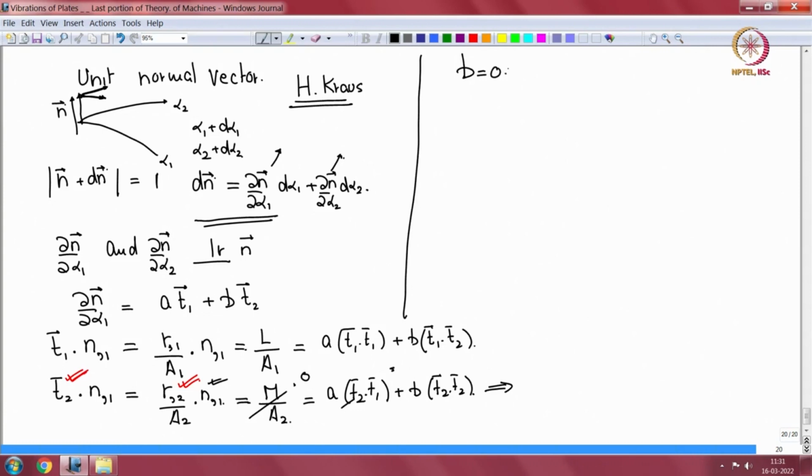Okay. So that means what now? My original n comma 1, with B 0, is A times T1, which is equal to L by A1 T1.